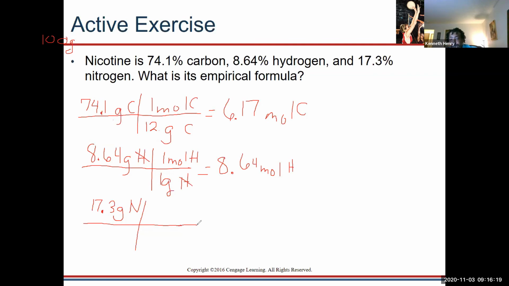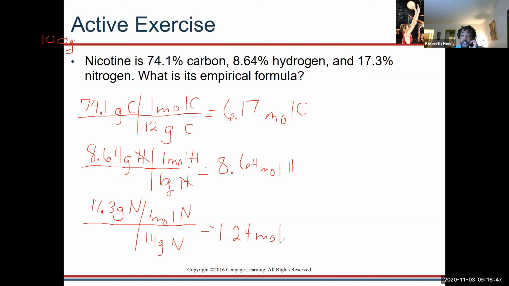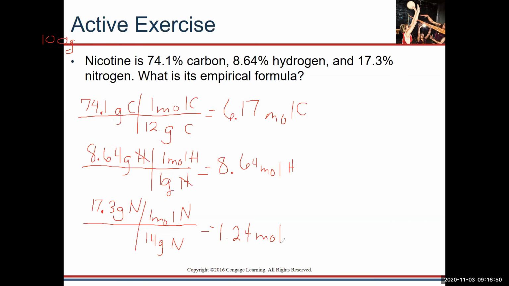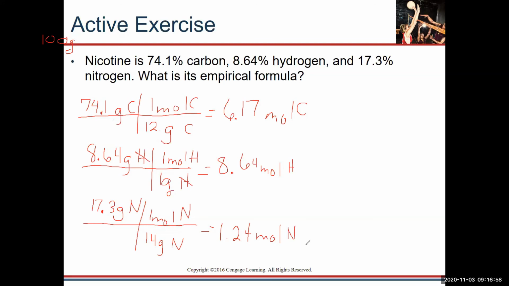Nitrogen: you're going to have your grams on top and in the bottom the 14, so it's going to be equal to 1.24. Okay, which one is the smallest? Nitrogen. So we're going to divide all of them by the same number, 1.24.